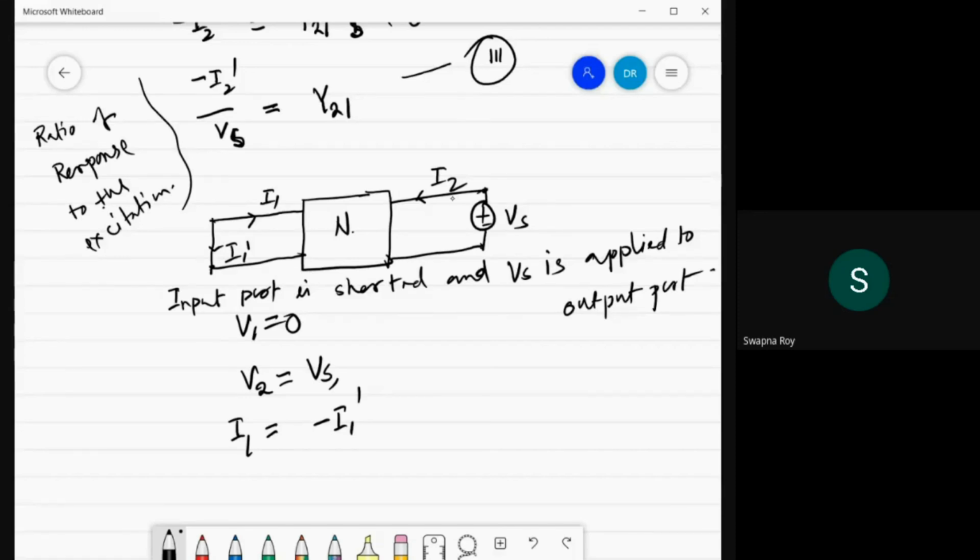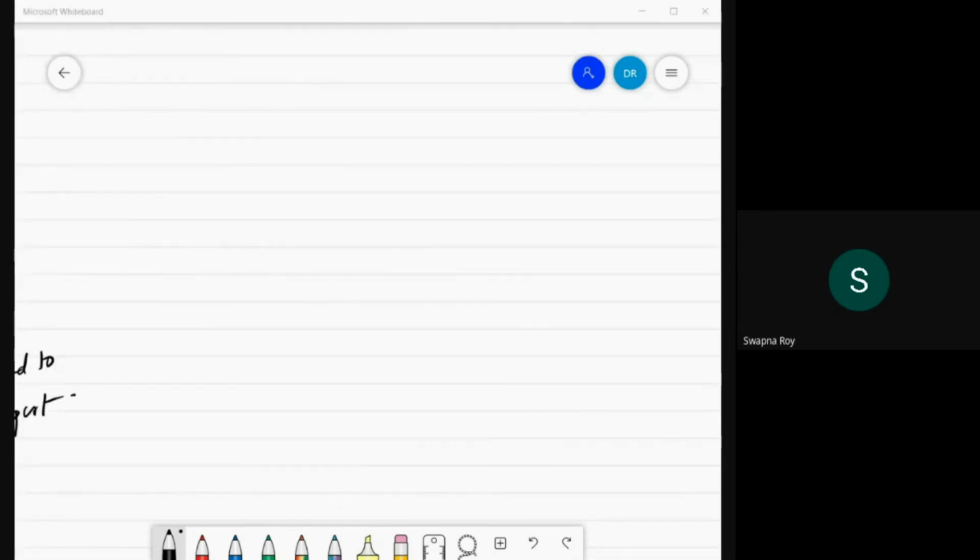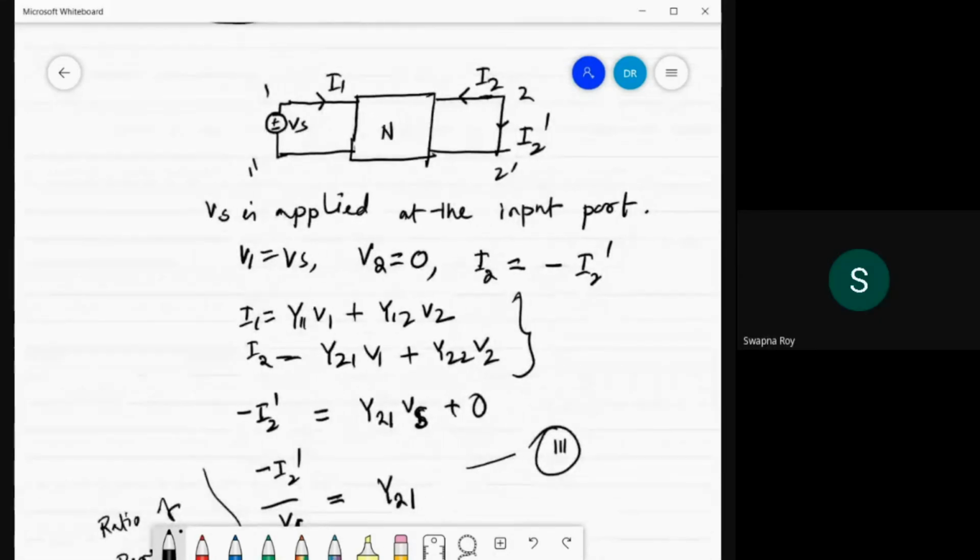So if you put these values in the equation 1, that is I1 is equal to y11 v1 plus y12 v2. That means v1 is equal to 0, input port is shorted, so I am getting the value minus I1 dash by Vs equals to y11.